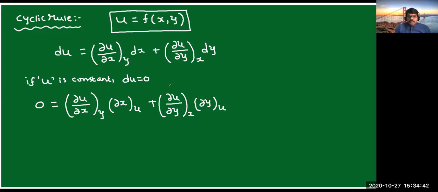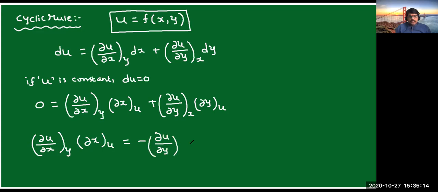Let us send this term to the opposite side. Let me rearrange this. The equation will become del u by del x at a constant y into del x at a constant u is equal to minus del u by del y at a constant x, del y at a constant u.